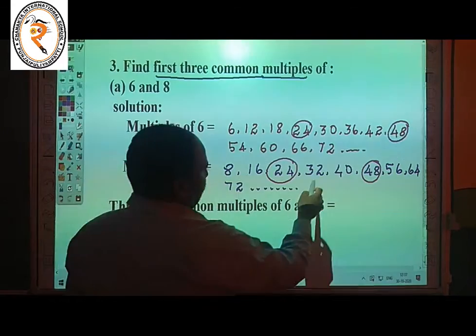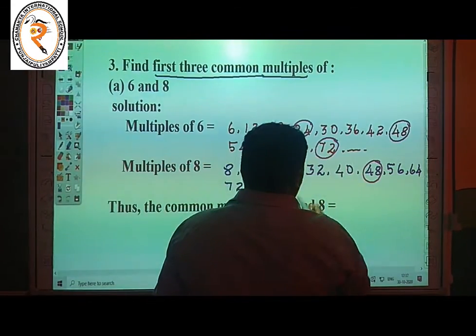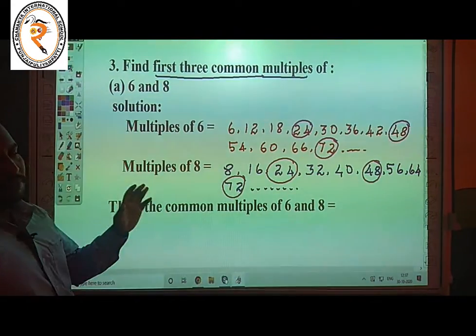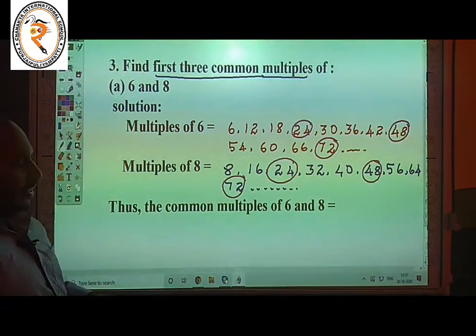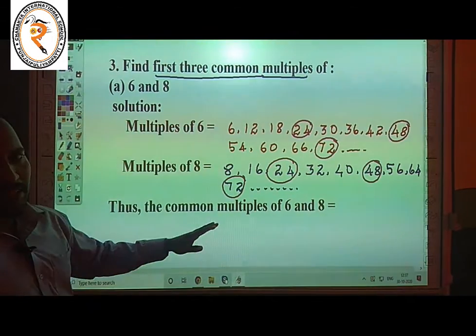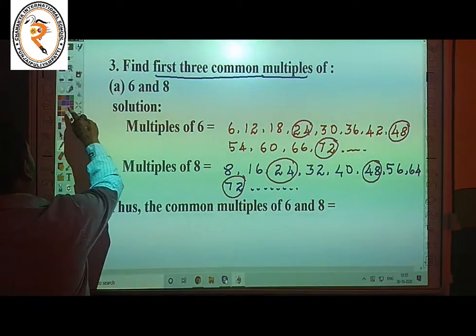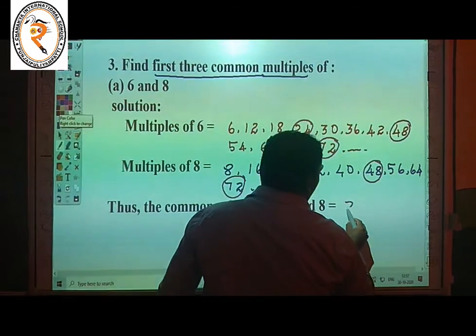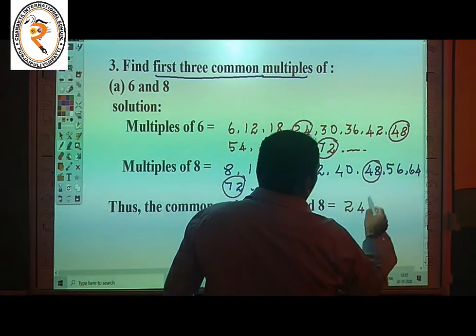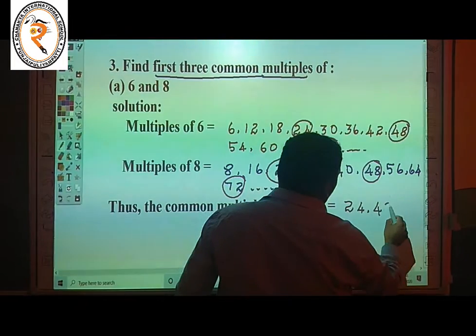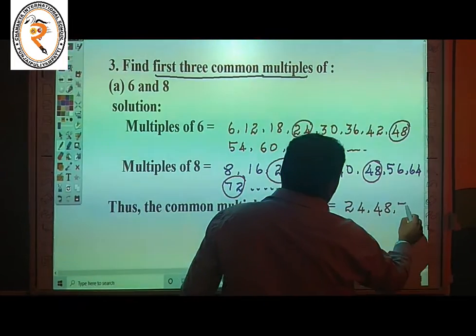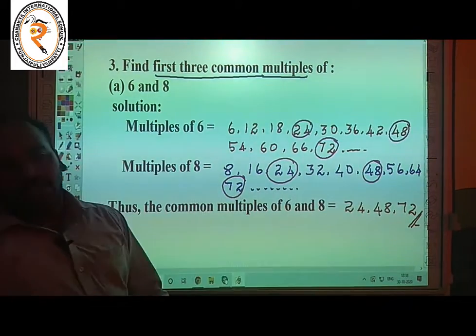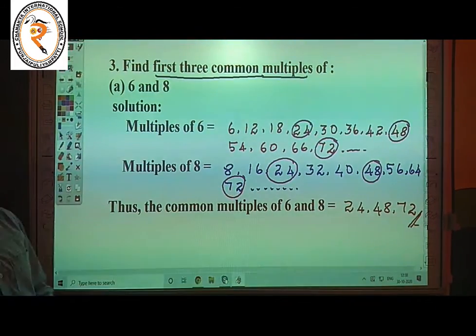Then finally third one 72, 72. These are all the common multiples of 6 and 8. Thus the common multiples of 6 and 8 are 24, 48, and then third number is 72. So the answer is 24, 48 and 72.